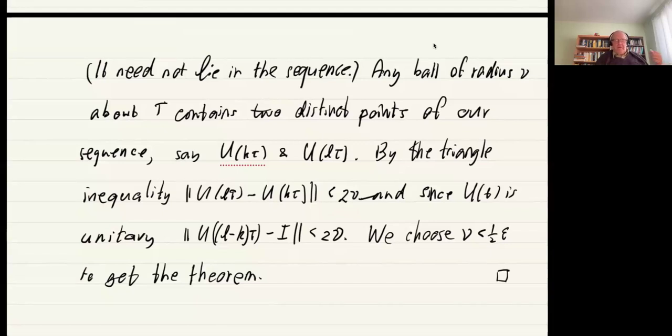So they're both within nu of t, so they're within 2 nu of each other. Now because u is unitary, it preserves the norm, and so we can pull out the u to the k tau, and then we're looking at the norm of this. So that's telling us that the norm of u of (l minus k) tau minus the identity is less than 2 nu. Okay, and so you just choose nu to be anything less than half epsilon, and you get the theorem.